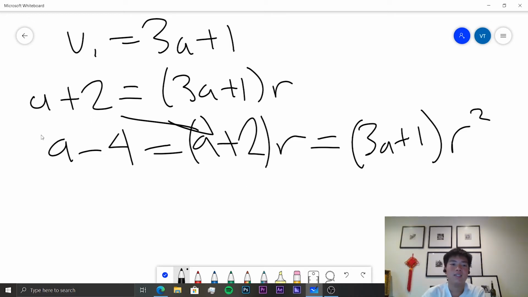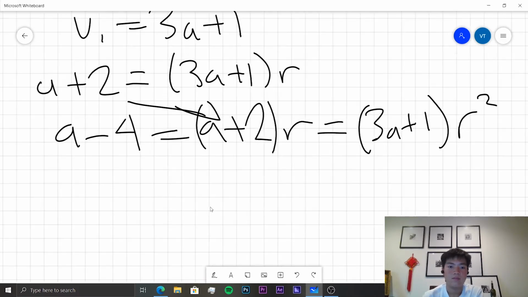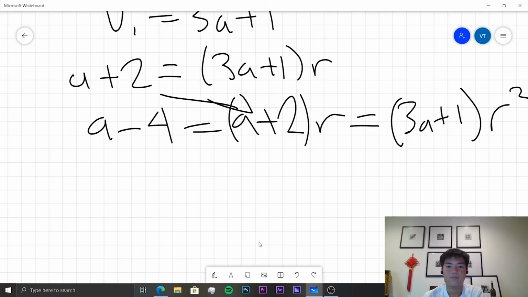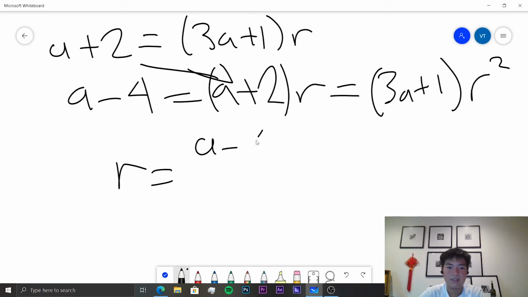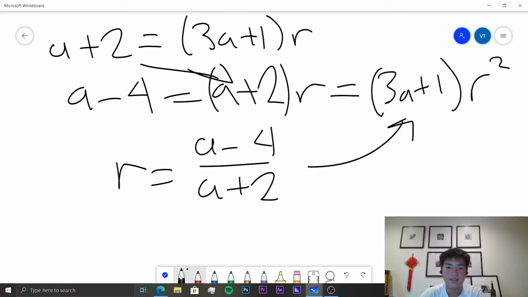I guess here we can just try subtracting. What am I doing? Oh, okay. So we can say r is equal to a minus 4 over a plus 2, of course. And then we can substitute that into here, or actually up into here, technically.